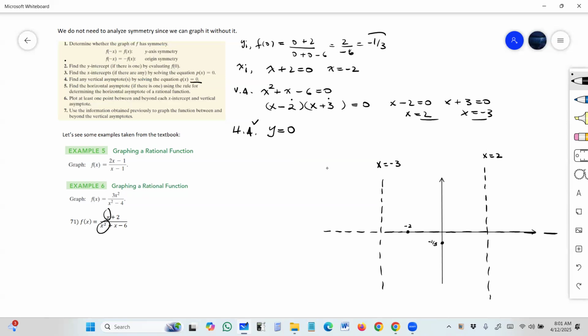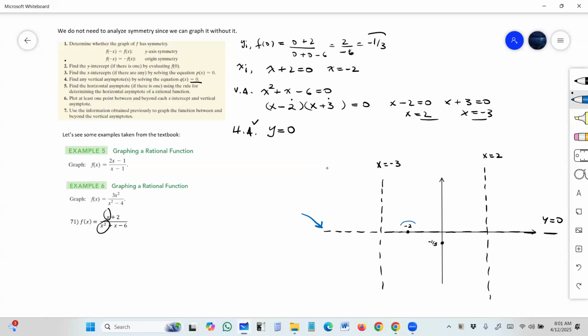This is y equals 0. Now, here is an issue. This is a horizontal asymptote, which by definition is a line the graph of the function never reaches or crosses.